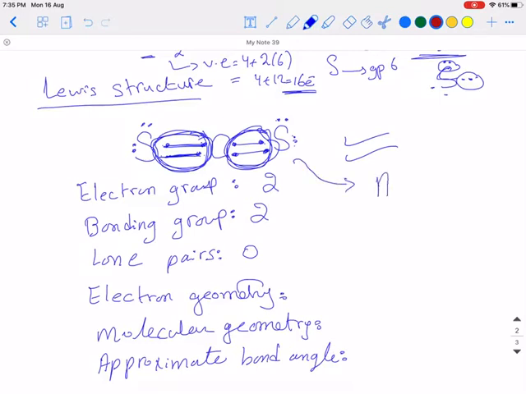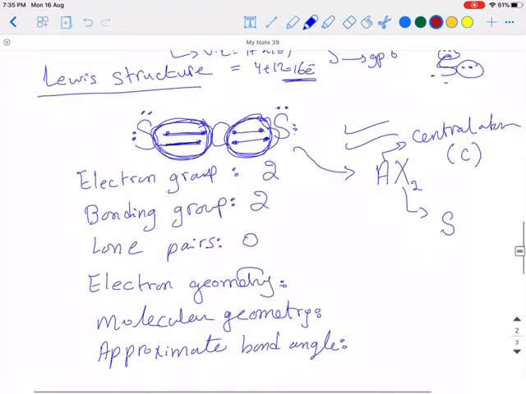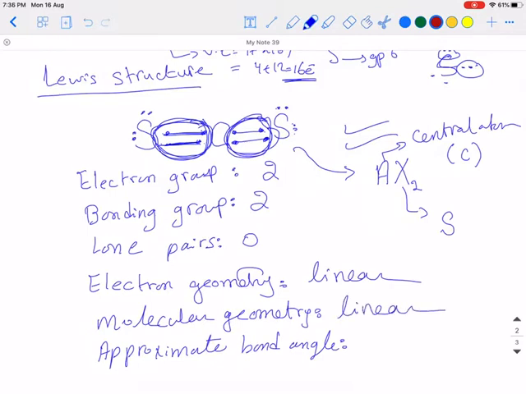So we can think of this in the form of the molecule AX2, where A represents the central atom, which in our example is carbon, and X represents the sulfur here. So electron geometry is linear, and molecular geometry is also linear.